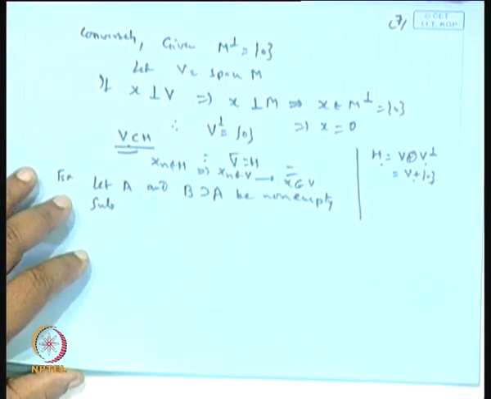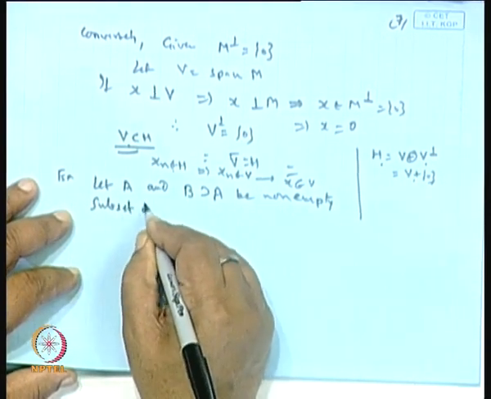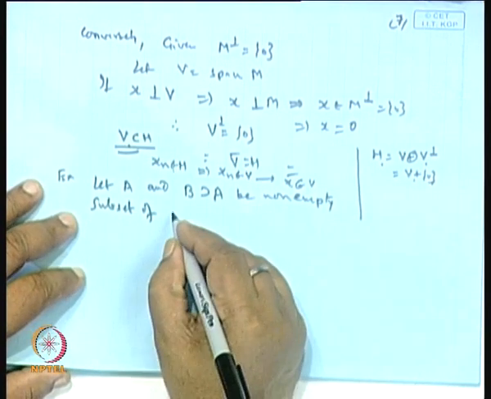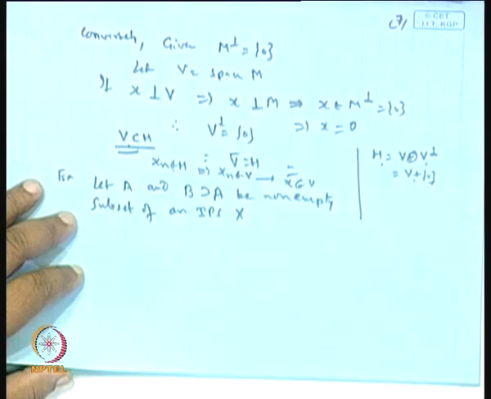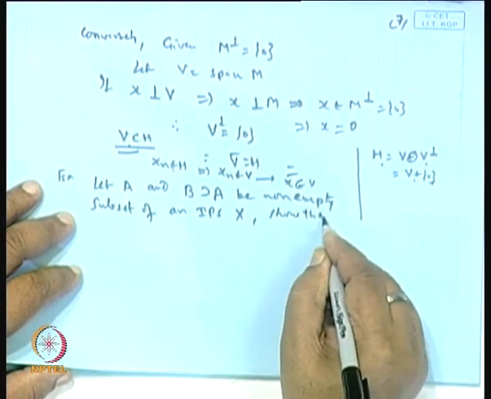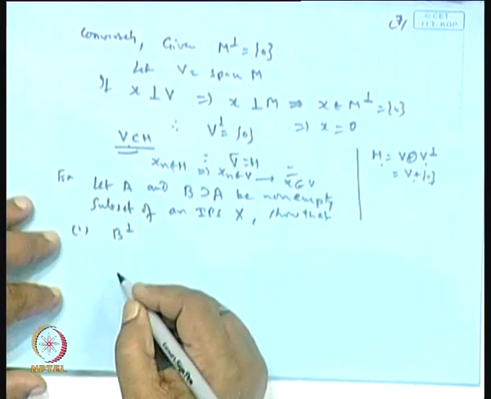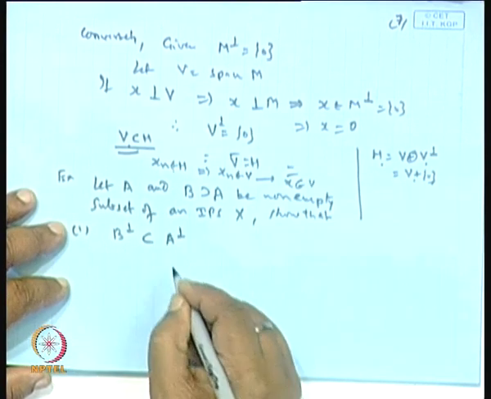Let A be a non-empty subset, and B a non-empty superset of A, of an inner product space X. Then, first, B perpendicular is a subset of A perpendicular.